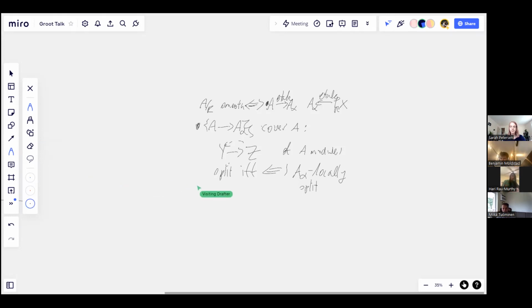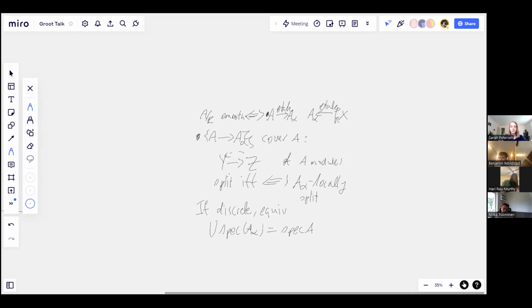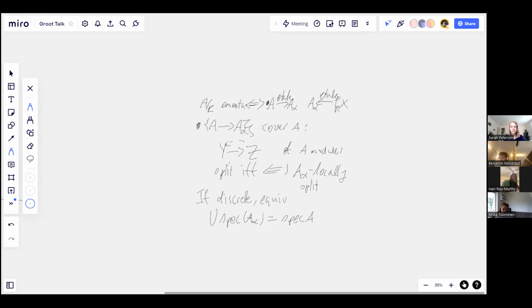This might seem like a strange notion of a cover, but in the discrete case, this is equivalent to a more usual definition: the union of the specs of the A alphas being equal to spec A. So this notion of a cover is one of many different generalizations of the usual notion of a cover in the discrete case to ring spectra.